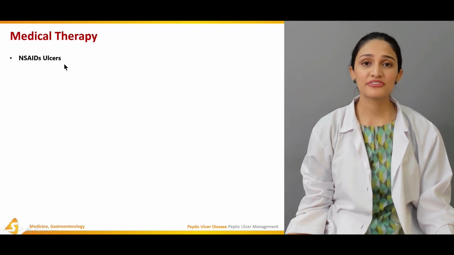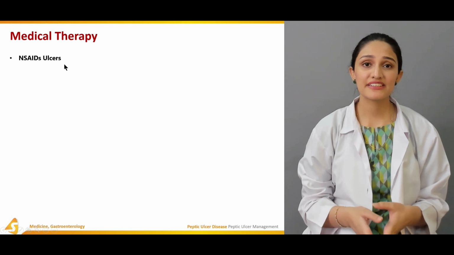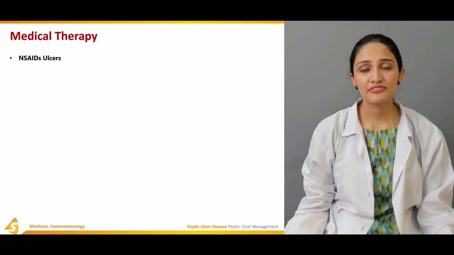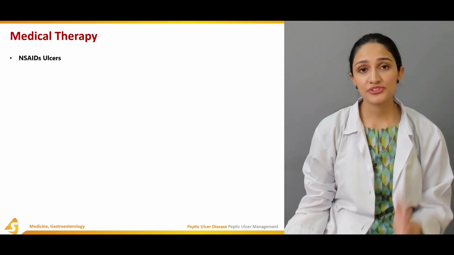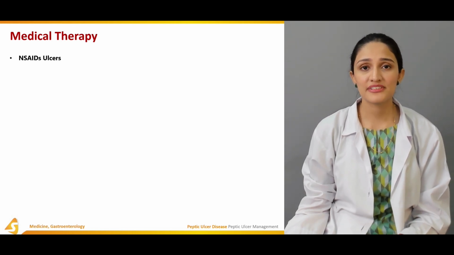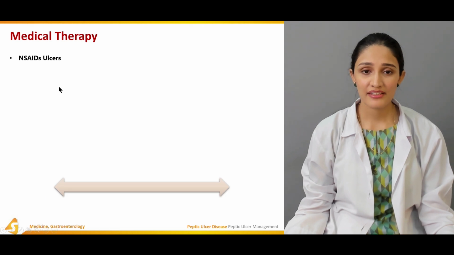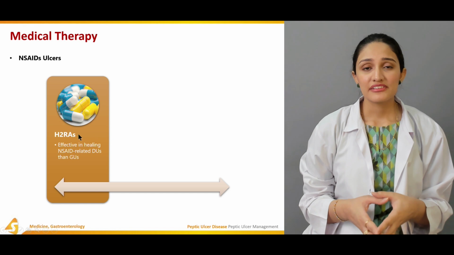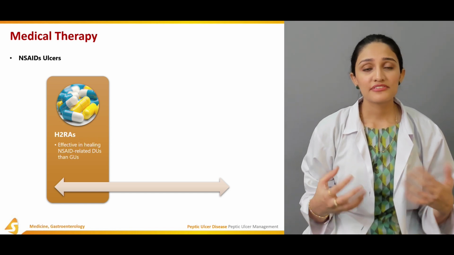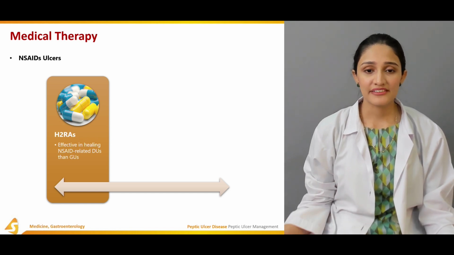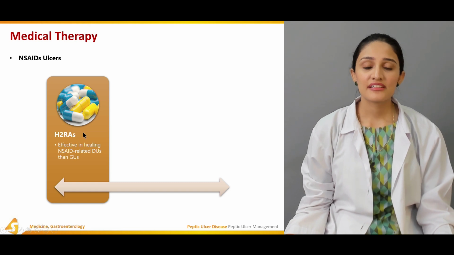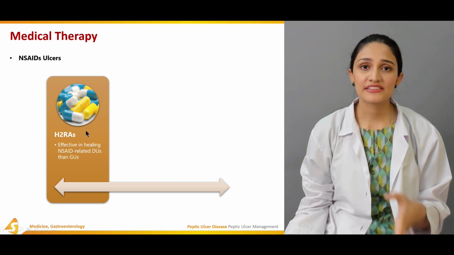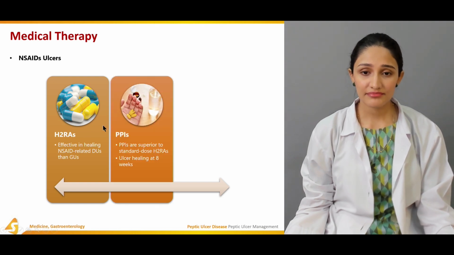So if we talk about the treatment of specifically NSAID-type ulcers, the foremost thing is that we're going to advise the patient to stop the use of aspirin and NSAIDs. So the treatment includes the use of histamine 2 receptor antagonists, which are very effective in healing the NSAID-related gastric ulcers and duodenal ulcers.